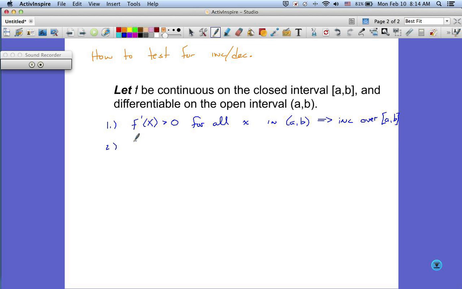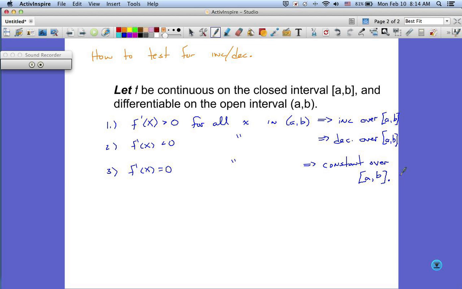Second scenario, if the derivative is less than 0 for all x in (a, b), that implies we are decreasing over [a, b]. And the third one says that if the derivative is equal to 0 for all x, that implies we have a constant function. We have a horizontal line. It's constant over [a, b].